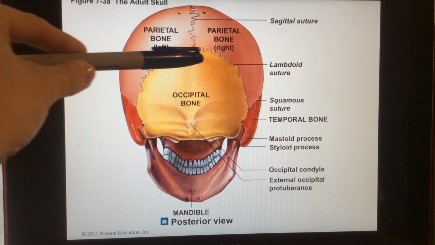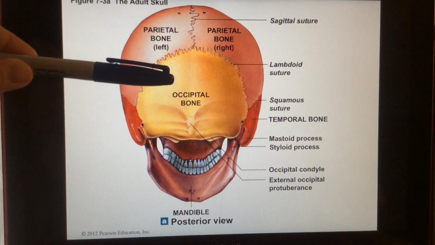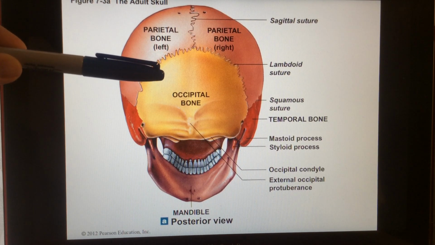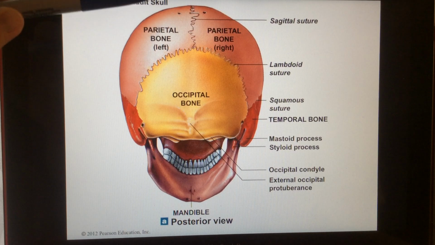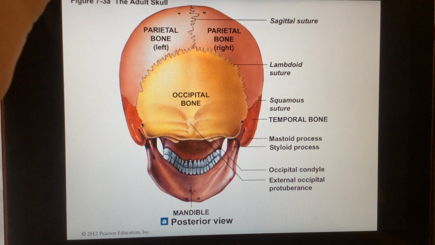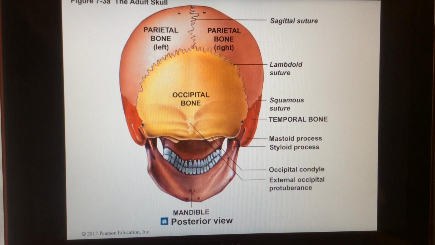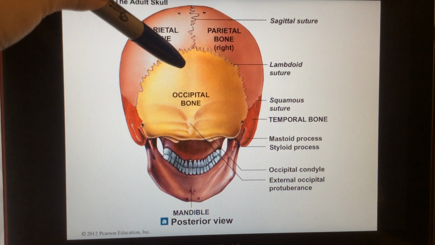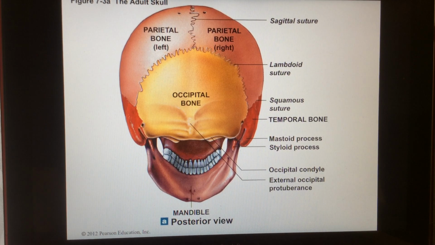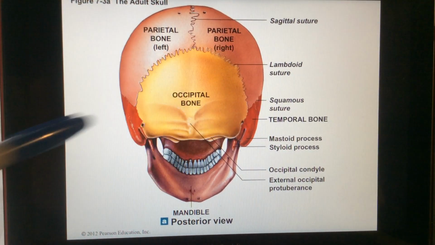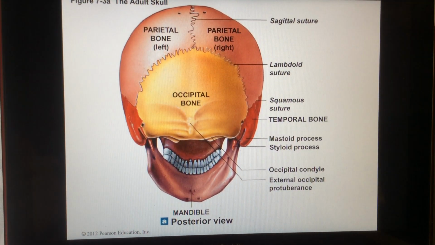The lambdoid suture on the posterior surface of the skull will separate the occipital bone from the 2 parietal bones. A cut along the midline of the sagittal suture will produce the mid-sagittal section. So basically you get this left and right cut, and it's between the two parietal bones. And then the squamous suture from the side view is going to connect the temporal and the parietal bones.